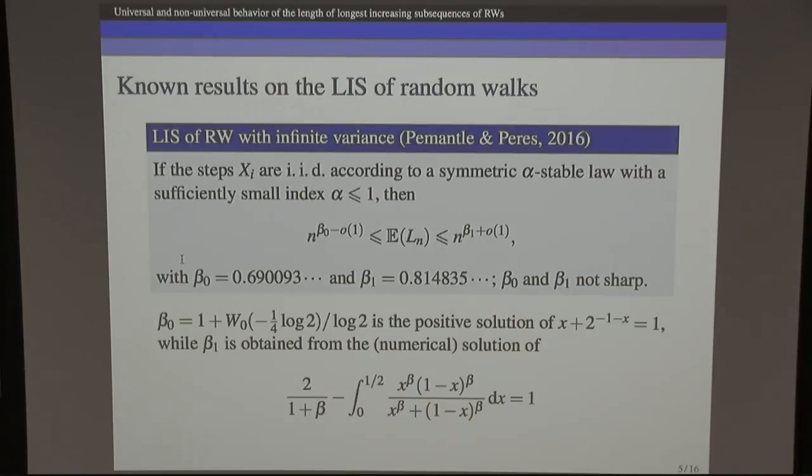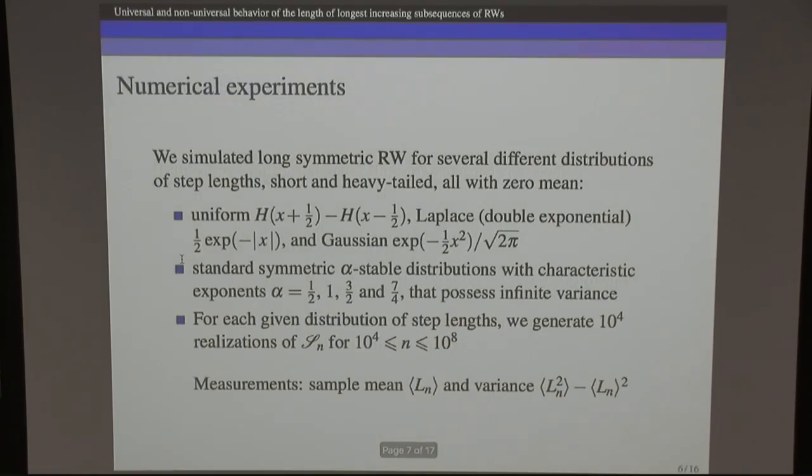So what did I do? They can do the calculations. I can't either. So I put this in the computer to try to figure out what we can see. And I did some numerical experiments, which is the main report here. I simulated long symmetric random walks for several different distributions of finite variance and of infinite variance.